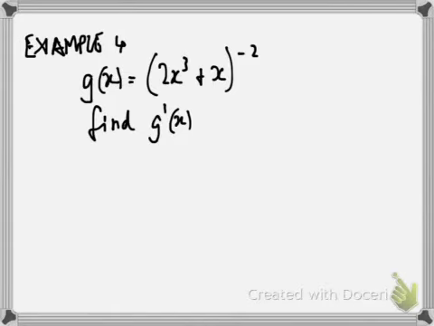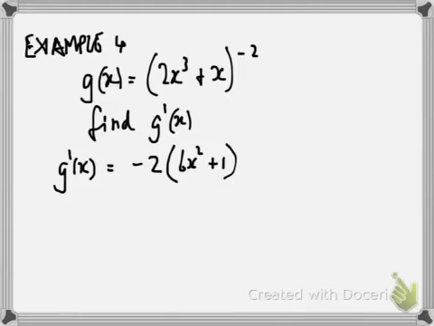Next question, we've got g(x) equals (2x³ + x) to the power of negative 2. Find g'(x), so find the derivative here. So g'(x) equals, so the negative 2 comes out the front. We multiply it by the derivative of the bracket, which is 3x squared plus 1. Sorry, 6x squared plus 1.